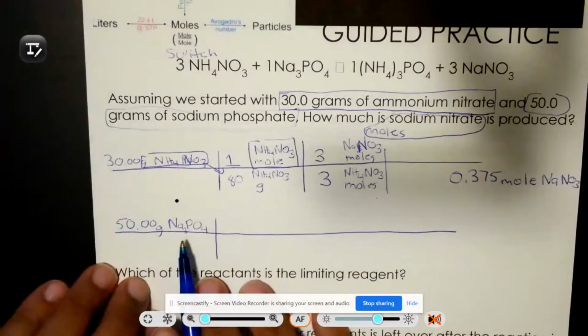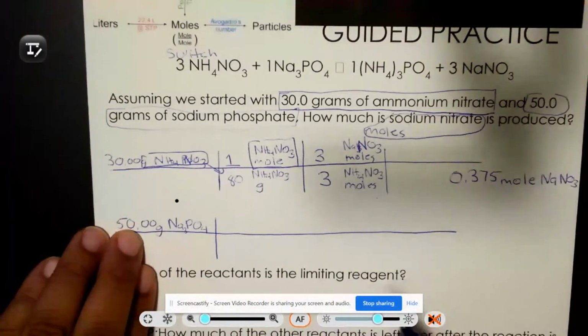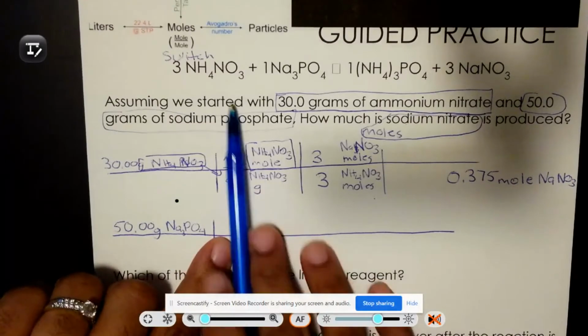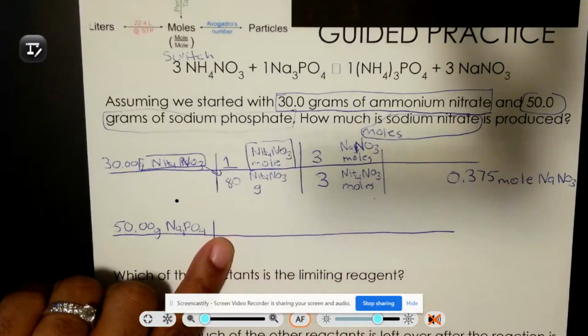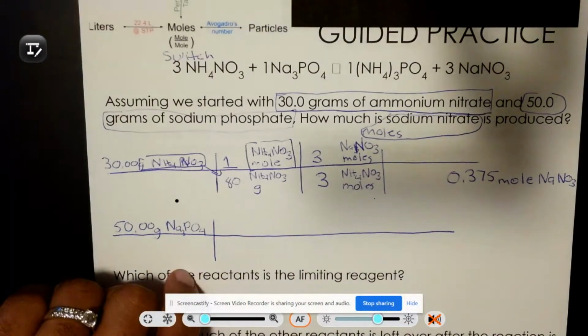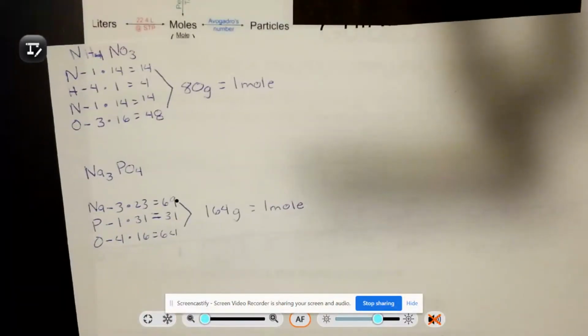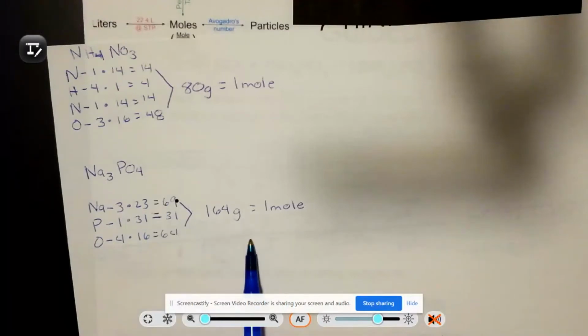And just like the one above, we're starting with grams. So whenever we have grams, we're going to have to convert it to moles. Because in order to do a switch from one element to another or one compound to another, you need to convert everything to moles. So how we're going to do that is we need the molar mass. And same thing, I've done the math. The molar mass of sodium phosphate is 164 grams.